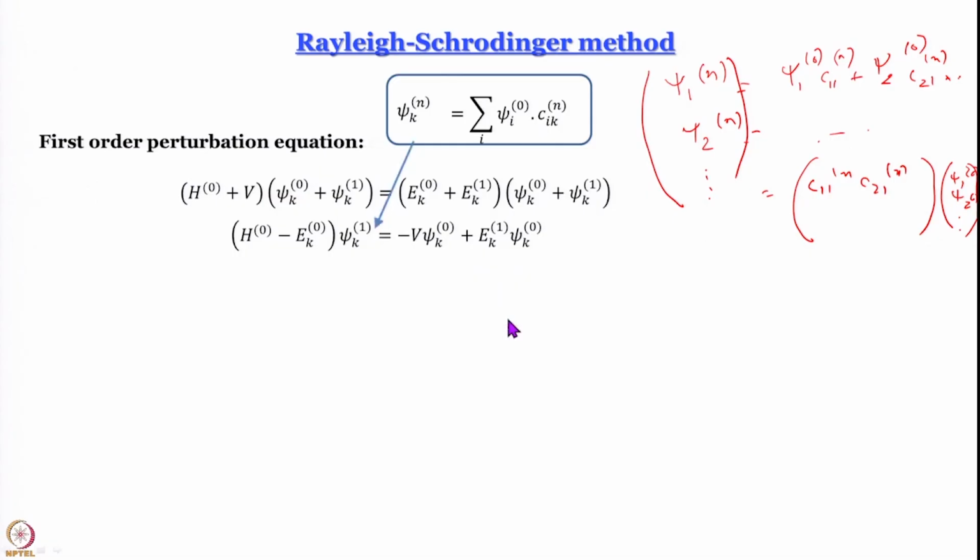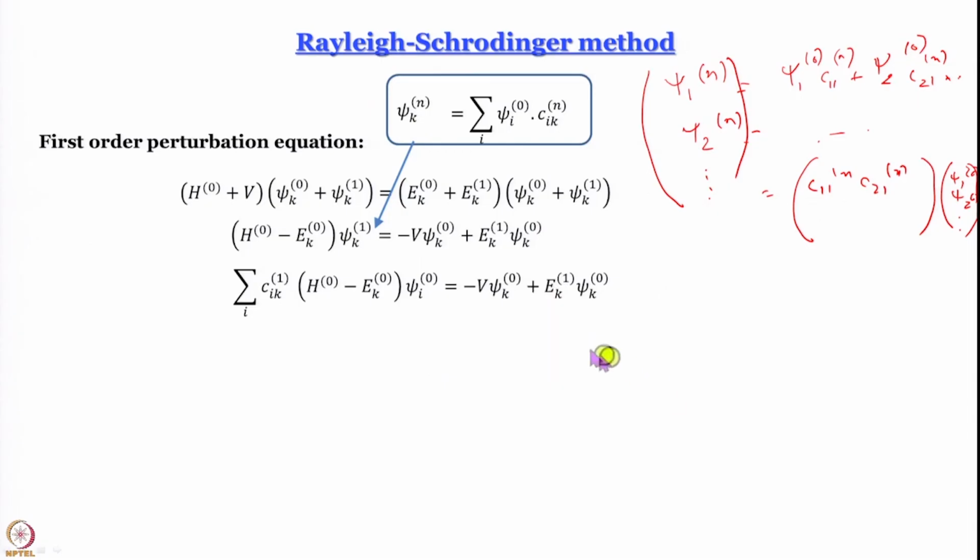So, now I am going to plug in the expression for psi k nth here, putting n equal to 1. Okay. So, I get the sum over C ik 1th multiplied by H 0th minus E k 0th operating on psi i 0th is equal to minus V psi k 0th plus E k 1th psi k 0th.